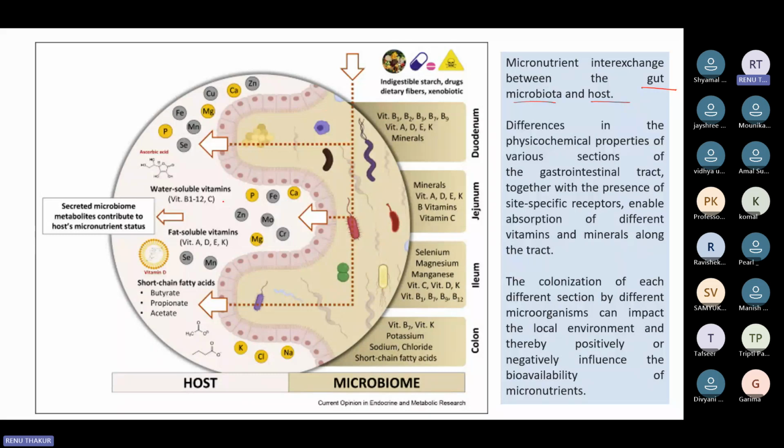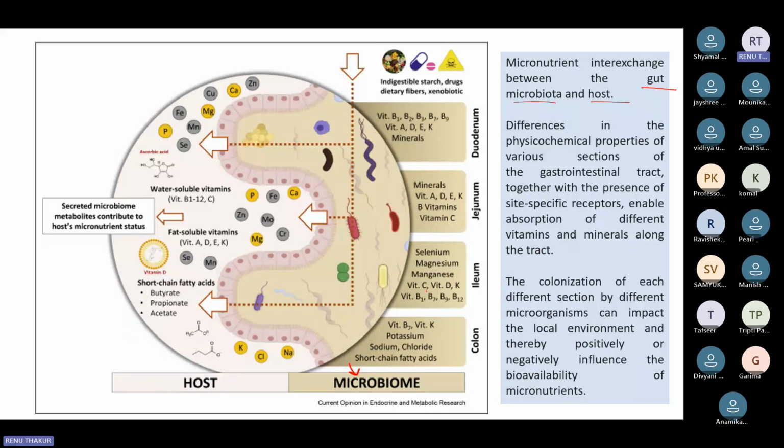So you can observe this left half portion is of the host, and this right portion is of the microbiome. So how to know what the microbiome is doing in our body, what role are they playing, what crucial function they are playing there. You can see there are so many different groups available in this microbiome, and they are responsible for the synthesis of different kinds of vitamins, minerals, and also different kinds of micronutrients.